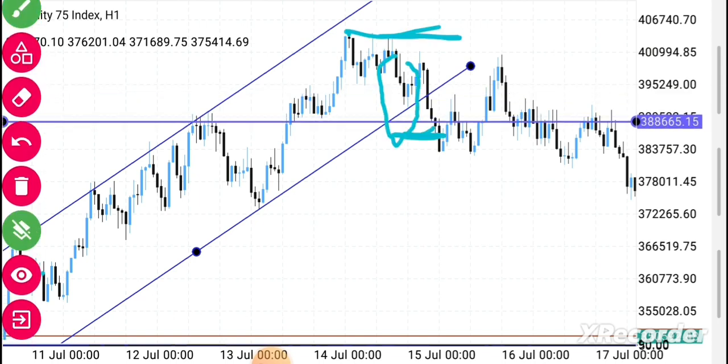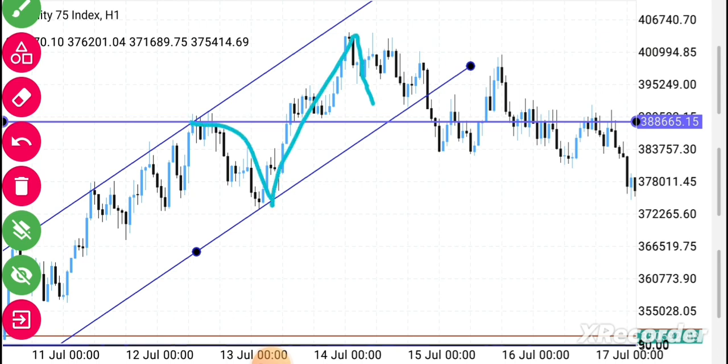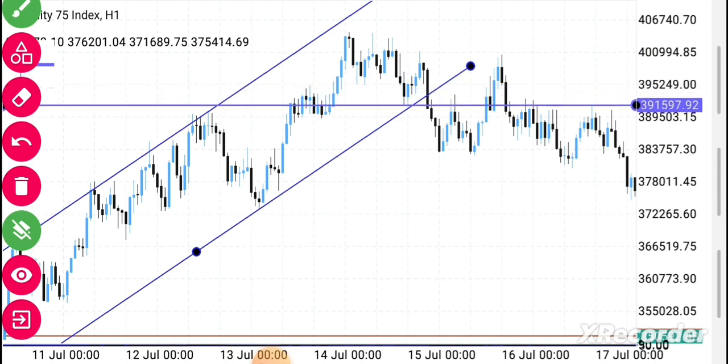This was a lower low, lower high. The market came to form a lower low here and continued up, and failed. So we get our horizontal line and put it around this area. We wait for the market to break that. After the market breaks that, it confirms that the market is now ready to move downwards.